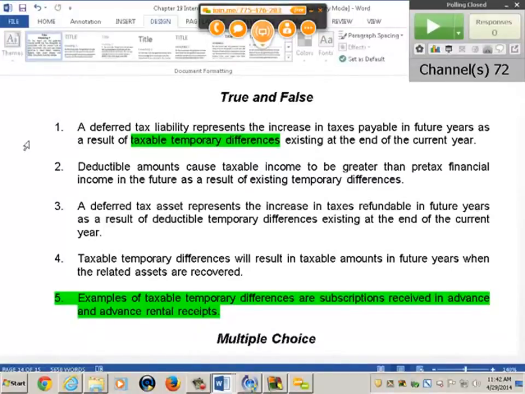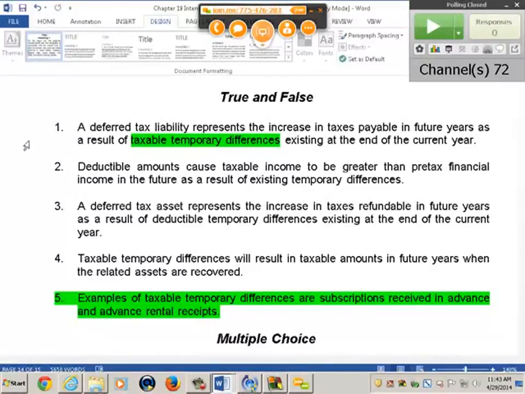It says examples of taxable temporary differences are subscriptions and advance rental collections. Now, if I receive subscriptions in advance, and if I receive rents in advance, I pay tax on them immediately. It's a tax asset. It's a future tax deduction, not a future taxable amount. All right, so 5 is definitely going to be false.